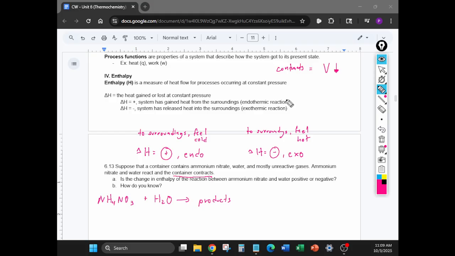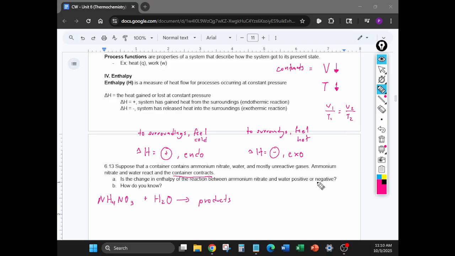Now, we're talking about thermochem, right? So the more important thing that we're talking about is the temperature. Let's see if you guys remember. If the volume goes down, what's happening to the temperature? Temperature's going down, because remember Charles' law, V1 over T1 equals V2 over T2.